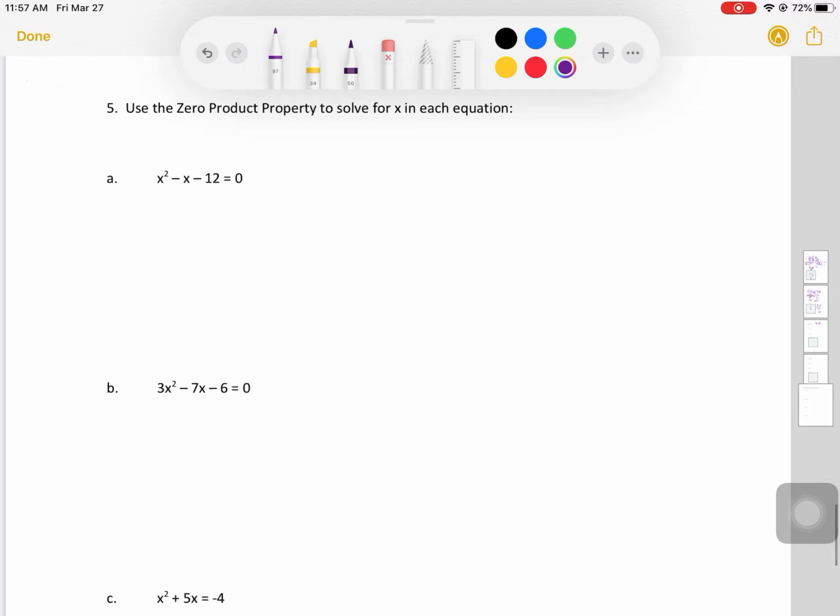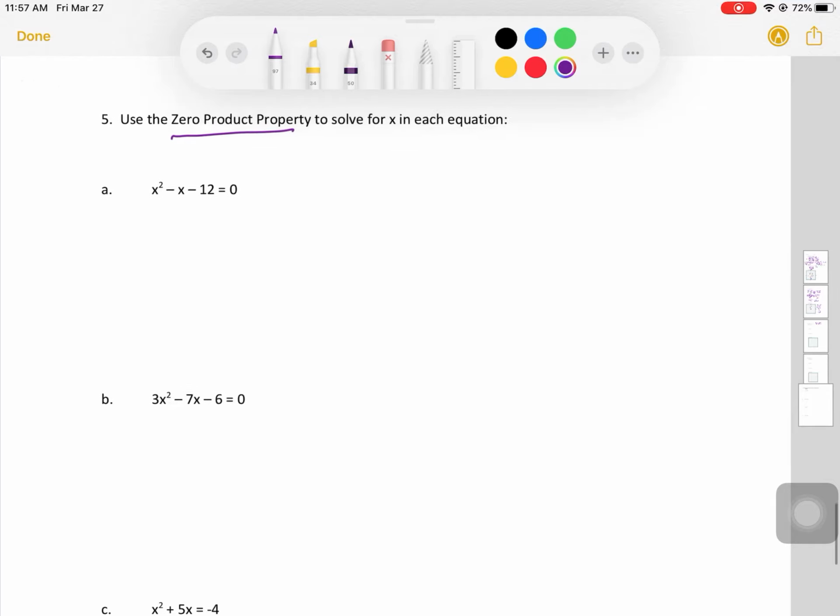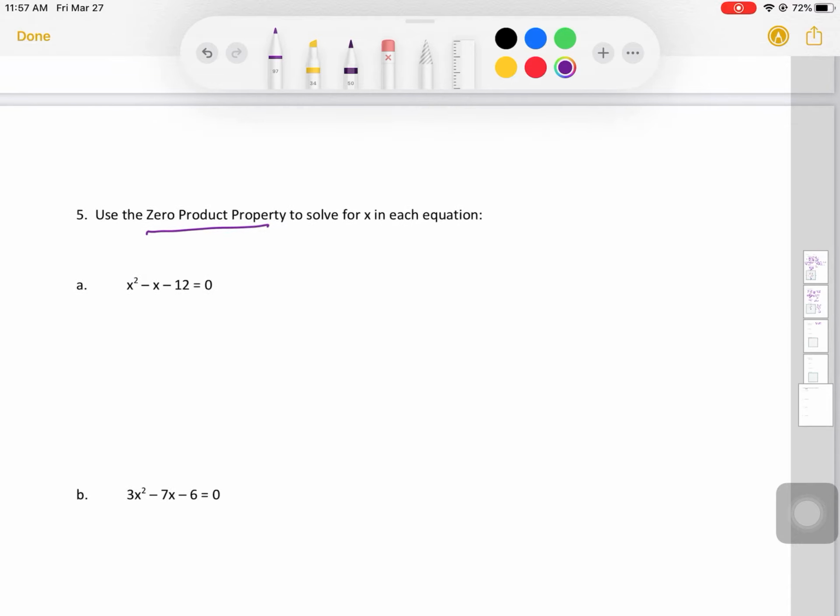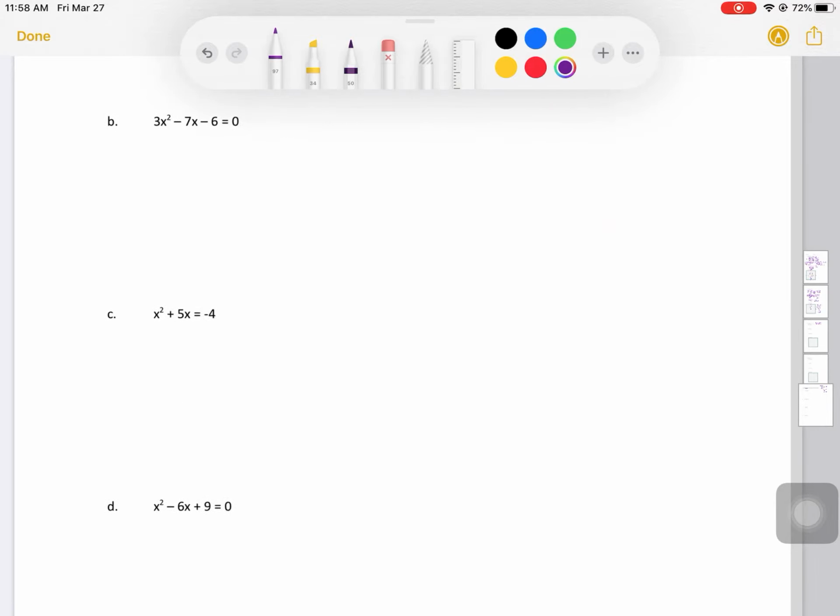The last thing I want to do, I'm going to look at a couple of these here. I just want to talk very briefly about the zero product property again and remind you that the zero product property says that when a product is equal to 0, then A equals 0 or B equals 0. We're going to use that to solve for x.